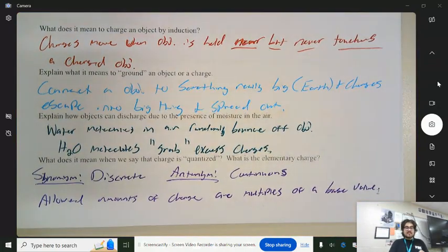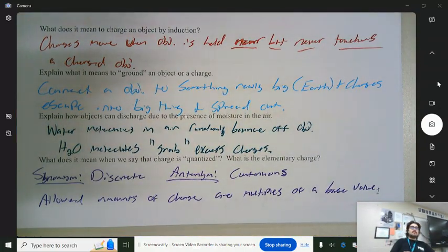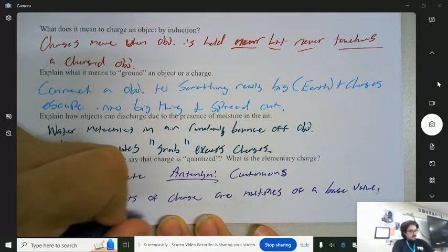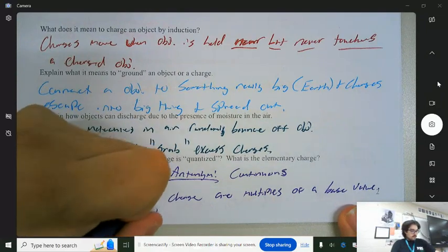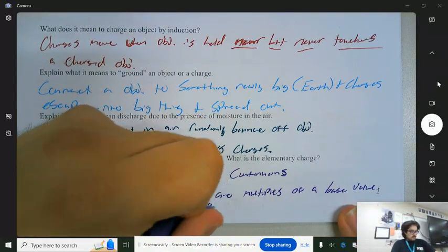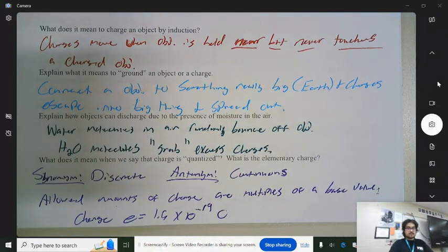Okay, so think of it like this, okay? When charge is quantized, that means that it has to be multiples of a certain base value, which in this case is the elementary charge, okay? If you remember the elementary charge, little e is equal to 1.6 times 10 to the negative 19 coulombs, okay? And so when we say that charge is quantized, it's multiples of that.